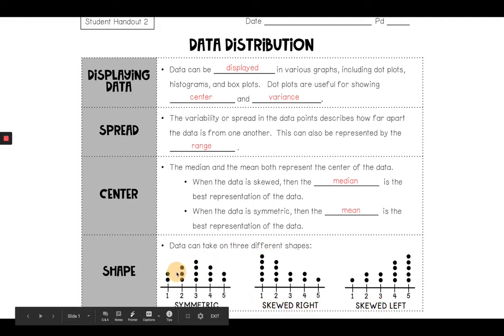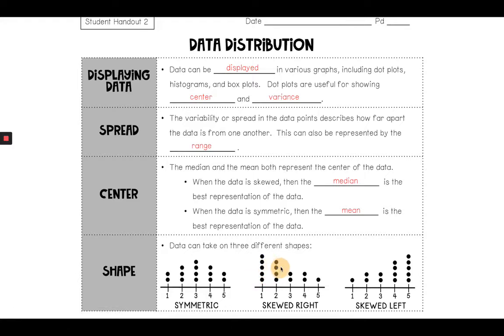Now, symmetric means that it's following the same pattern across. It doesn't have to be identical, but pretty close, where from this middle part it has the same or a similar set of numbers on both sides. So it's symmetric. Skewed right, it doesn't seem like this would be skewed right because these points are on the left.